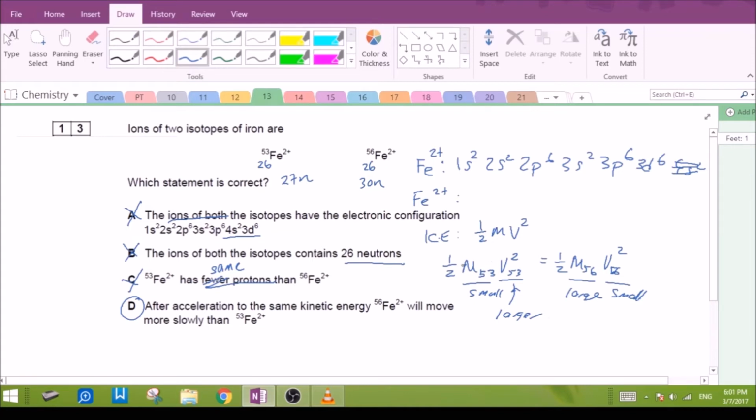Right, because this has a smaller mass, this is a larger mass. So for the equation to still be equal, we will need the velocity of the one with the smaller mass to be larger than the other isotope. So Fe56 will move more slowly than Fe53. Right, Fe56 will have a smaller velocity than Fe53.